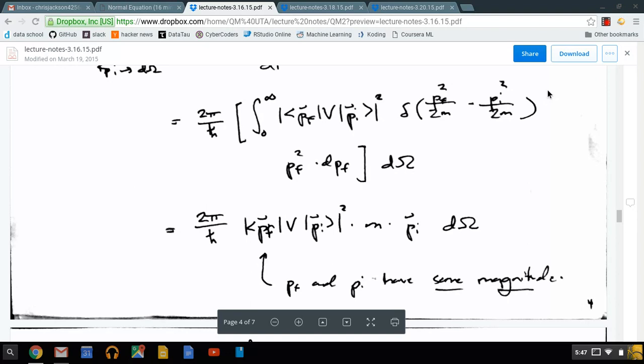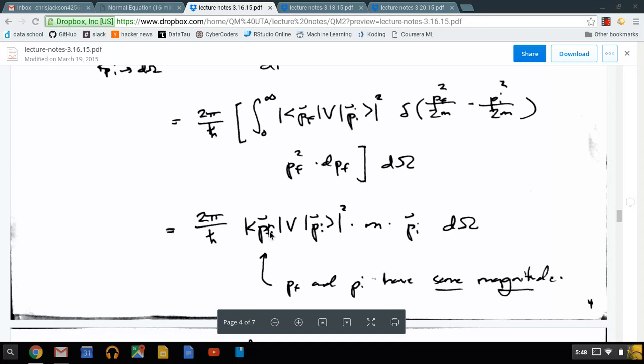So we have to use that trick where, when you're integrating over the delta function of a function of your variable, right? So that's what was messing me up, was where the extra factor of PF here went, right? So all the PFs get turned into PIs. I'm going to leave PF here inside this matrix element, but just remember that we did this integration here, and so we expect PF and PI to have the same magnitude. Okay.